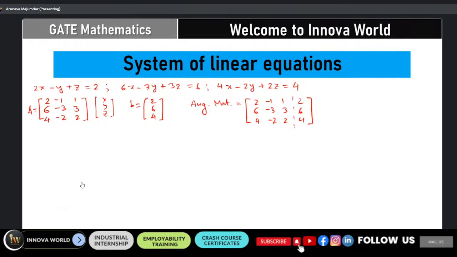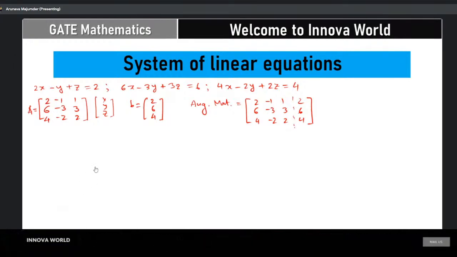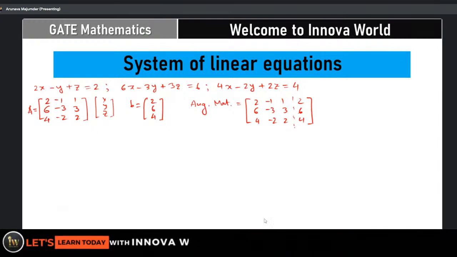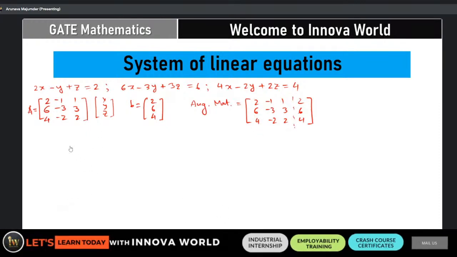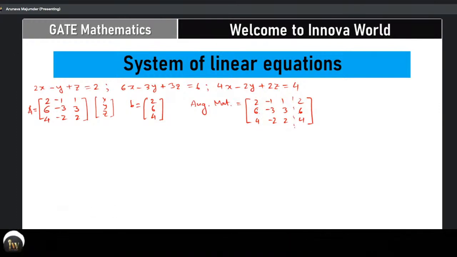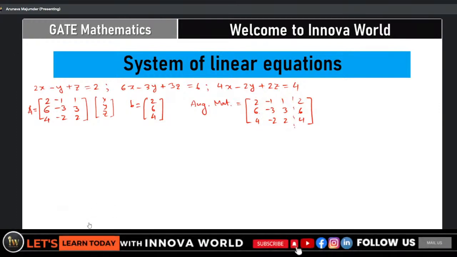Okay, so what is our first operation here? You can see that the first element, that is 2, is not 1. The second element is 6 and the third is 4, so no element is 1.